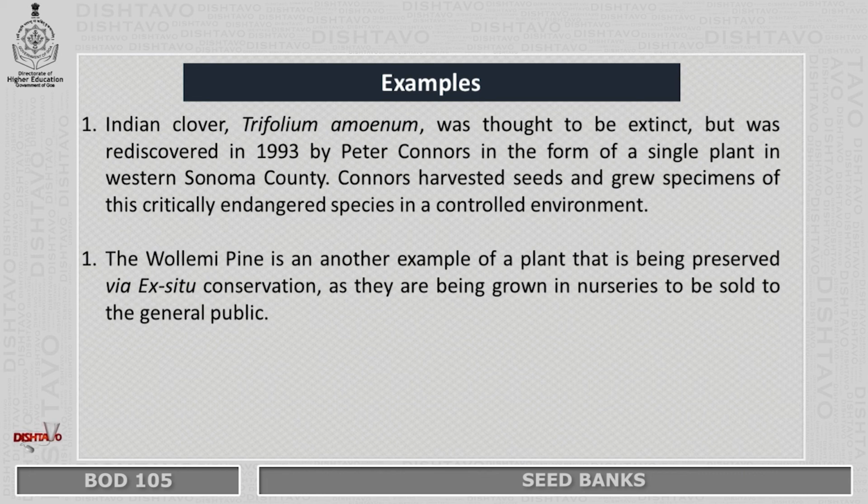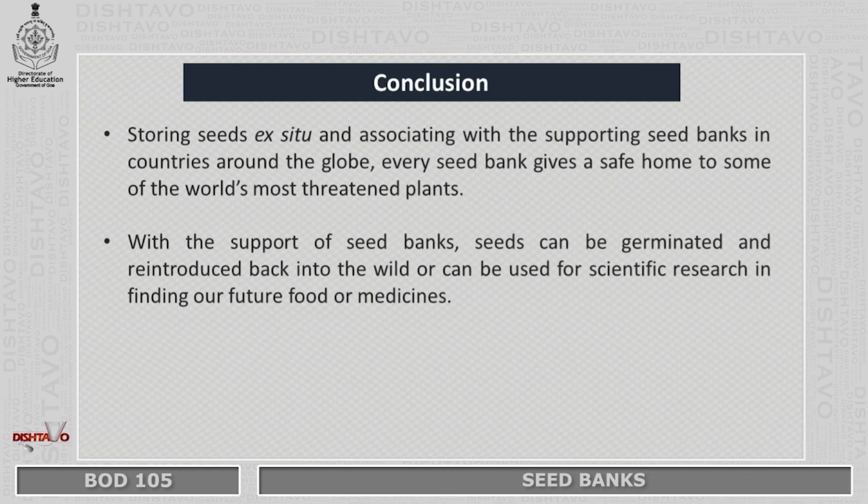The second example is Wollemi pine, another plant being preserved via ex situ conservation, as they are grown in nurseries and sold to the general public with the help of seed banks. Let us conclude on storing seeds the ex situ way, associating with the supportive seed banks in countries around the globe.